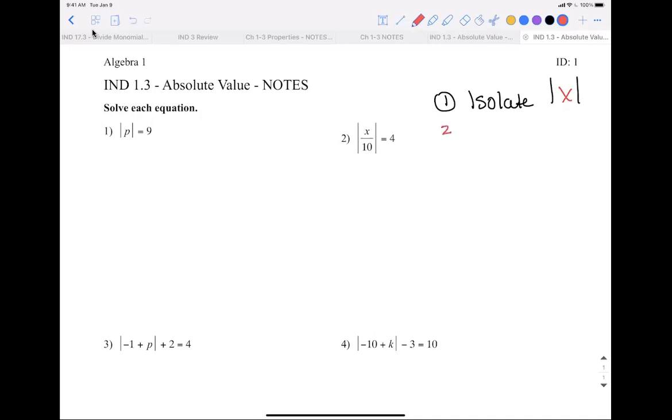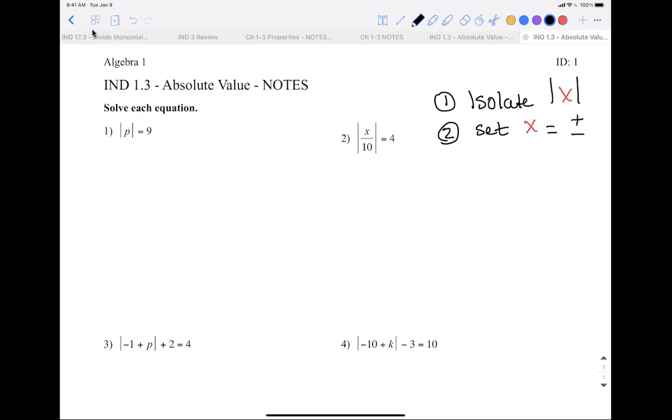After that, you are going to set X, which is whatever's in the absolute value, equal to a plus and a minus. That will make a lot more sense, I promise, once we do it a couple of times.